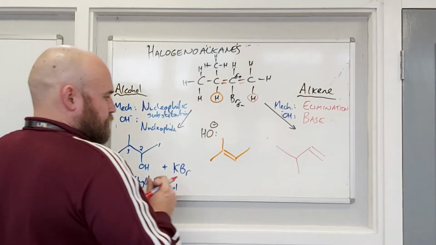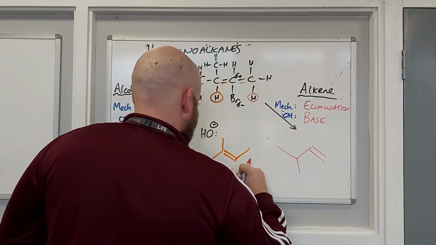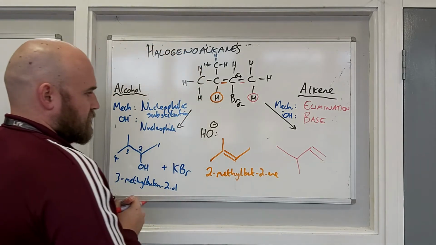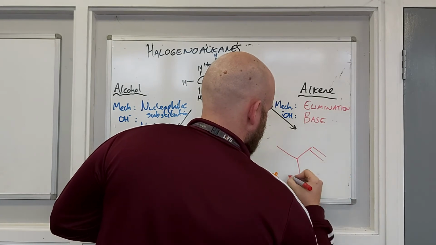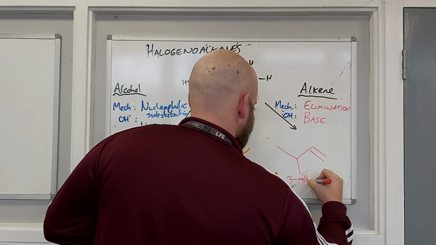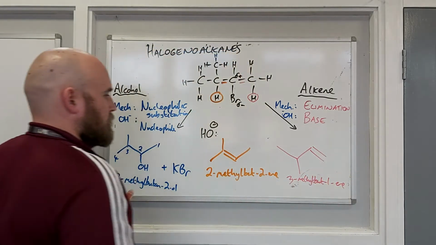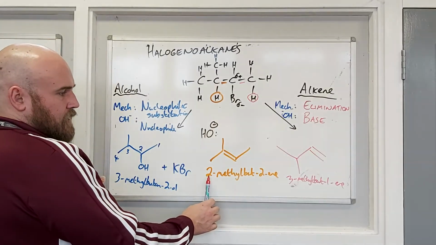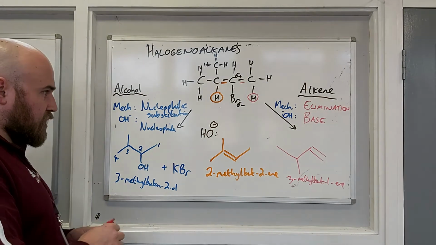Naming these, this would be called 2-methylbutene, and this one would be 3-methylbutene. You don't need the 2 for this particular one here, but you will need the 3 for that particular one there.